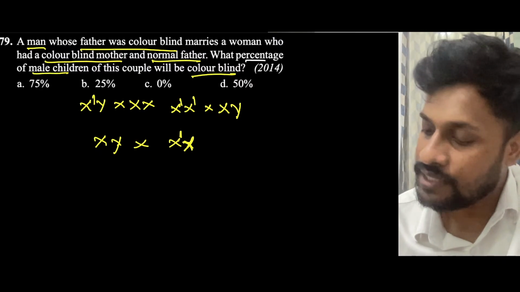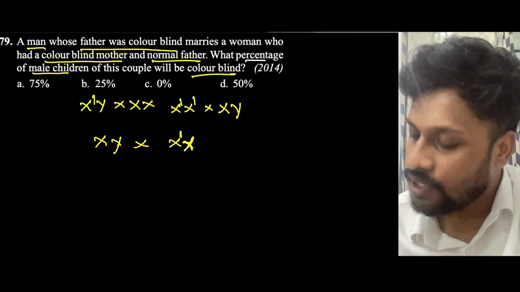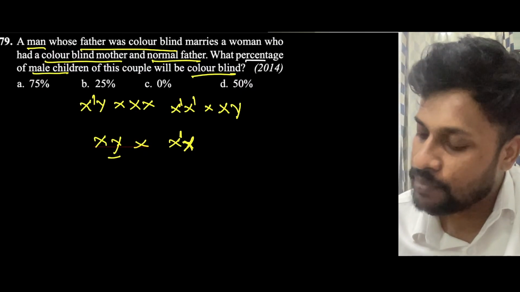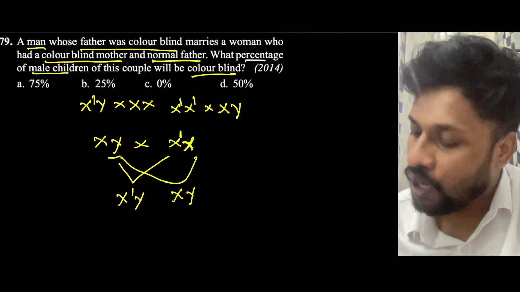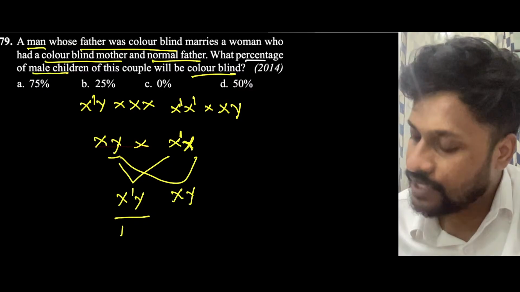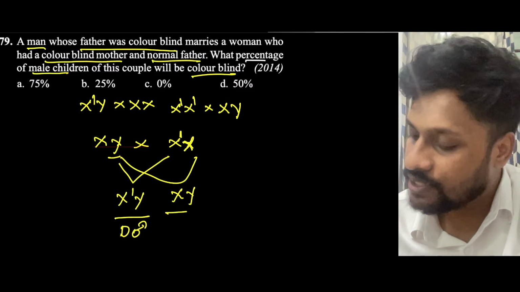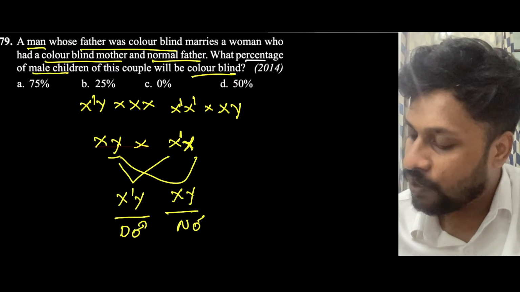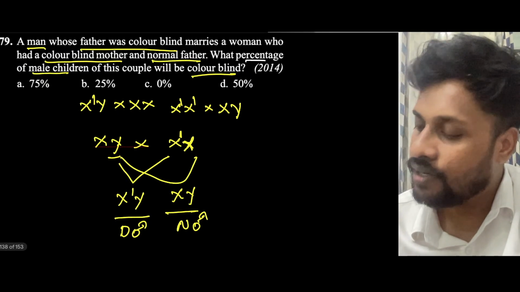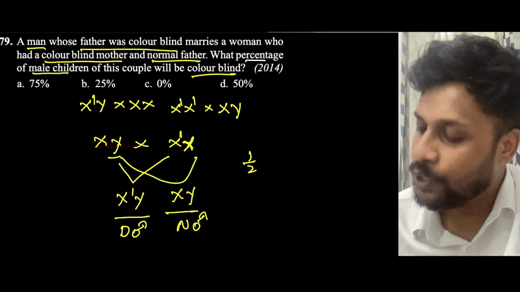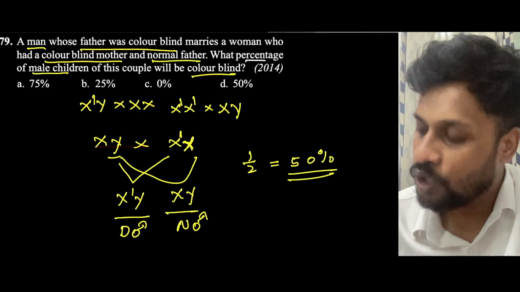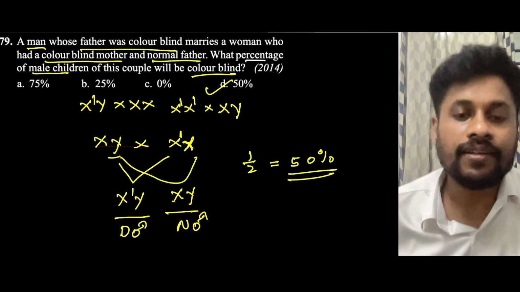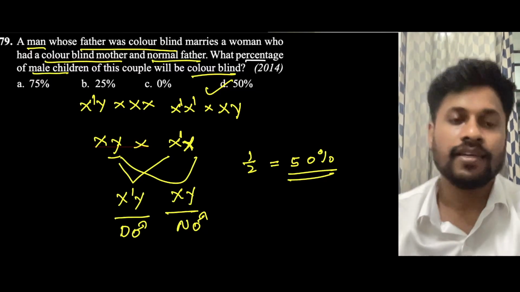Since they're asking only male children, you only need to take Y from the father, which means X dash Y, XY. So out of two, this is diseased male or diseased son. This is normal male or normal son. So how many are affected? 1 by 2, which means 50 percent, right? Option D will be the answer. Clear? Fine.